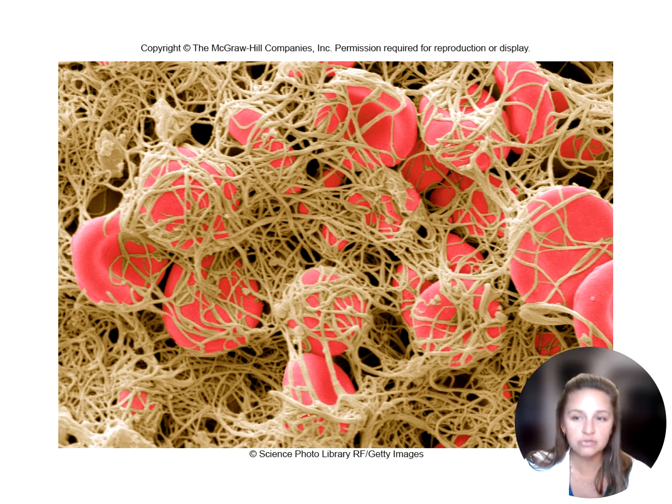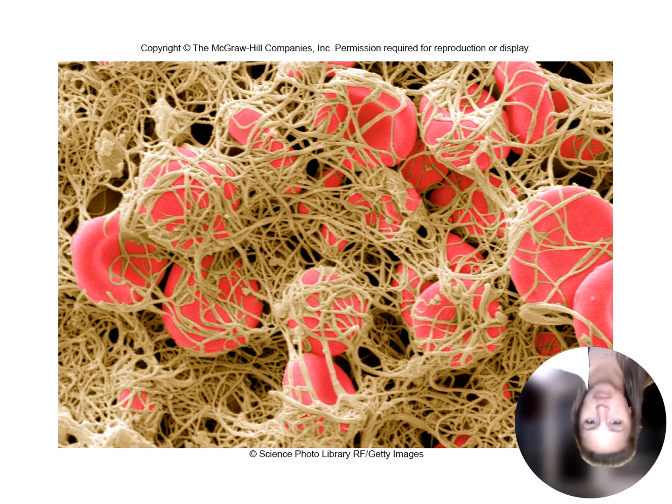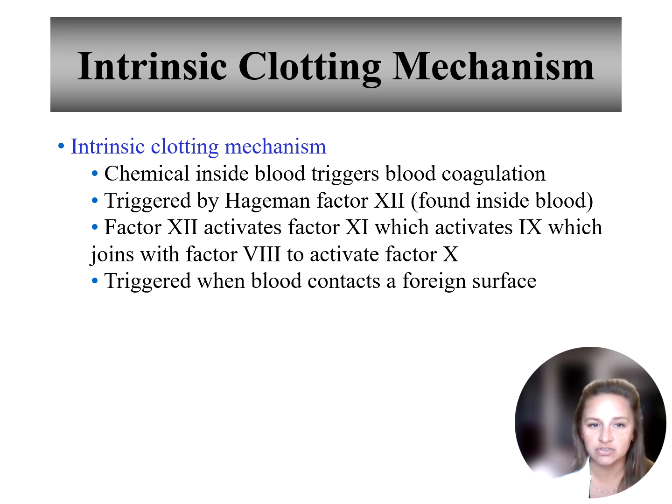So again, there's two types, intrinsic and extrinsic. Extrinsic is in the tissue, and intrinsic is in the blood, and that triggers coagulation.